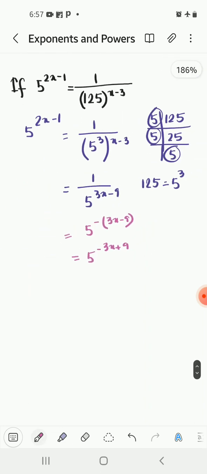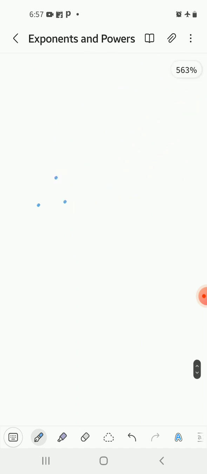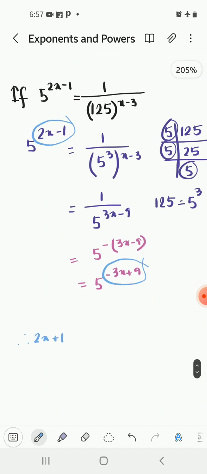So now you can see, if we compare both the sides, this is equal to this. So let's do it. Therefore, 2x plus 1, which was this side, you can see.